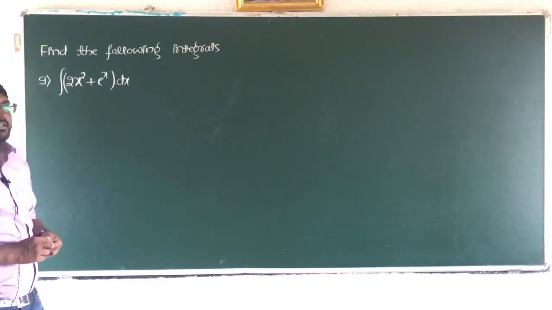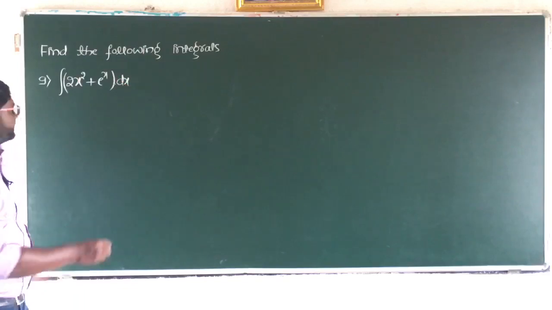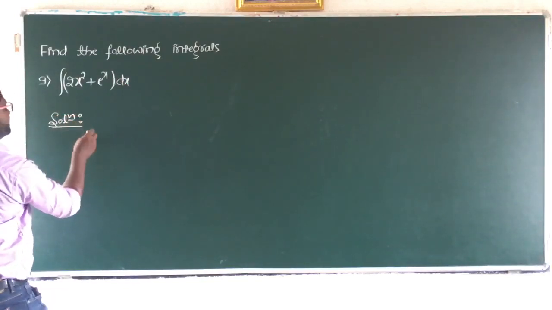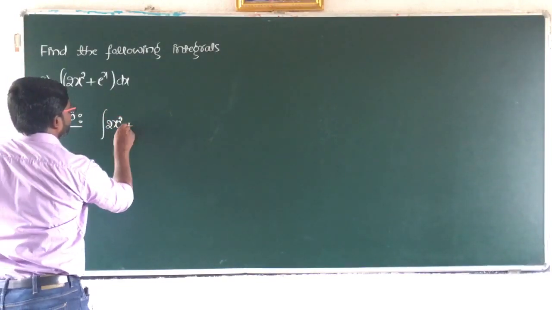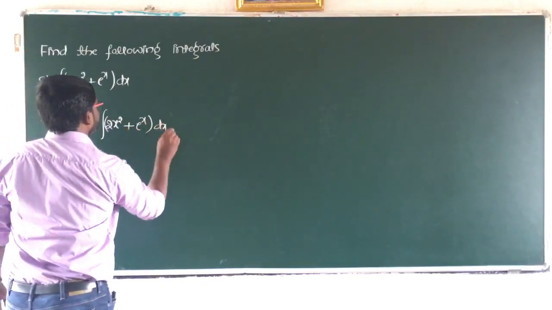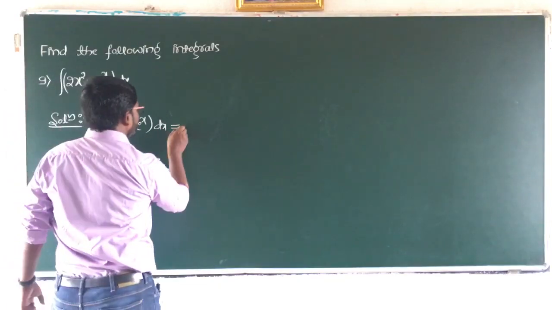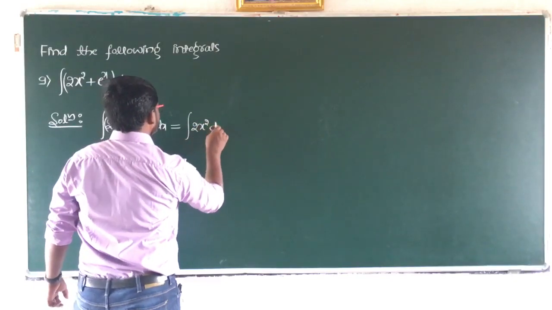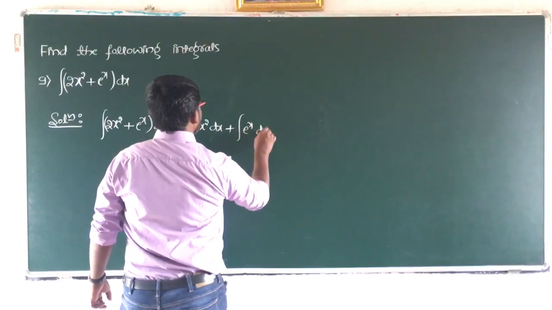Well, the next question: integral 2x square plus e raised to x dx. I write the integral as it is, integral 2x square plus e power x dx, which is equal to, integrate them separately: integral 2x square dx plus integral e power x dx.